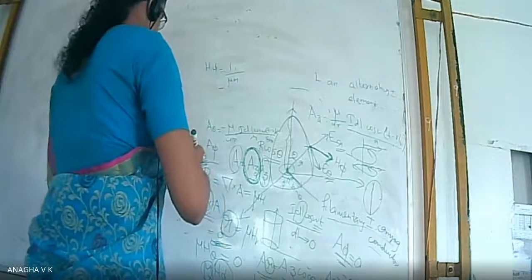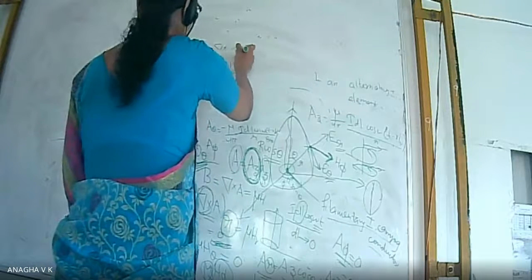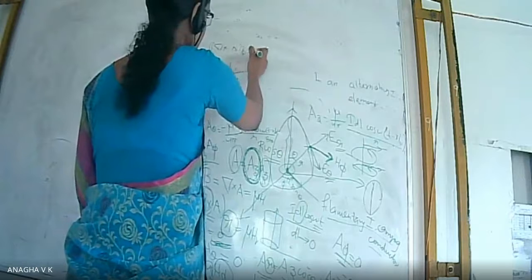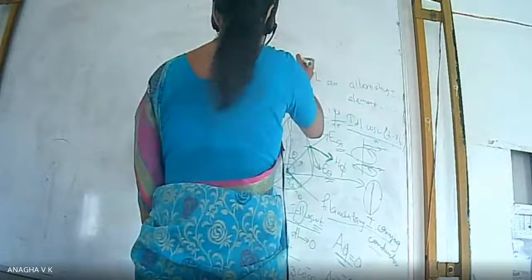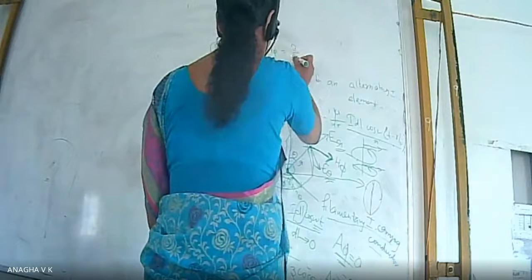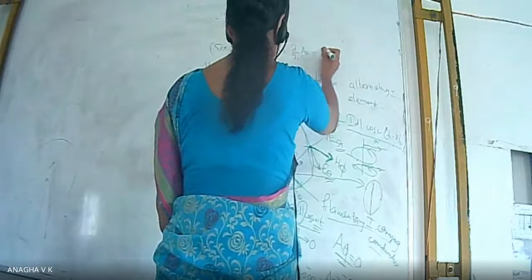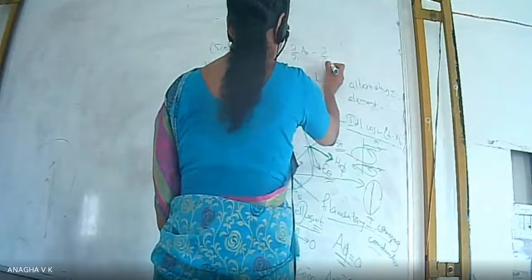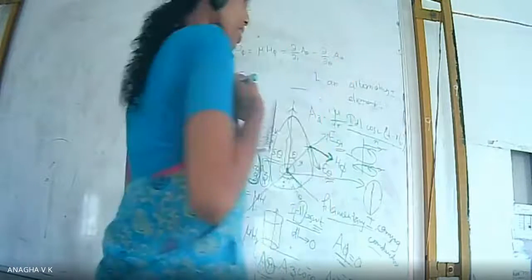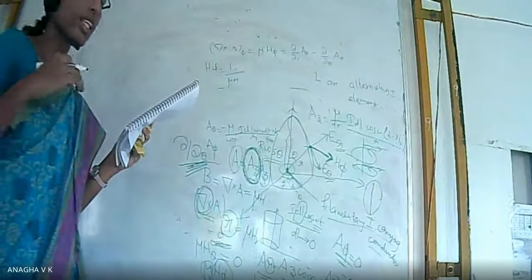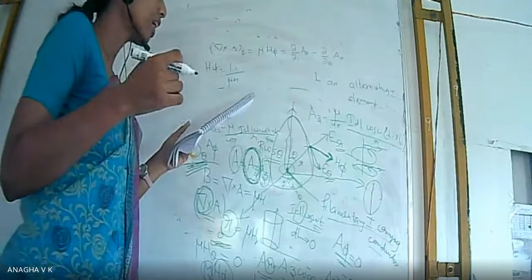The equation was del cross A phi equal to mu H phi equal to dou by dou r A theta minus dou by dou theta A r. This is nothing but the del cross A equation or mu H phi equation.